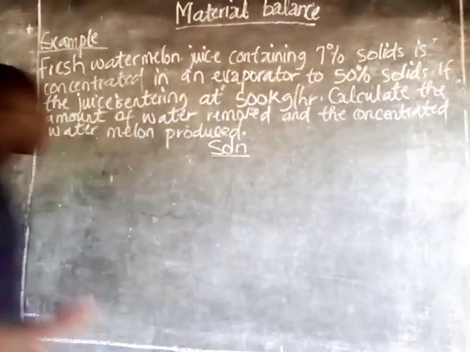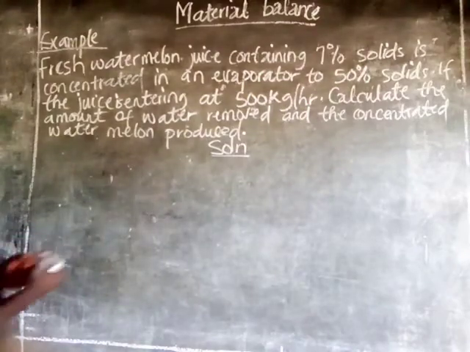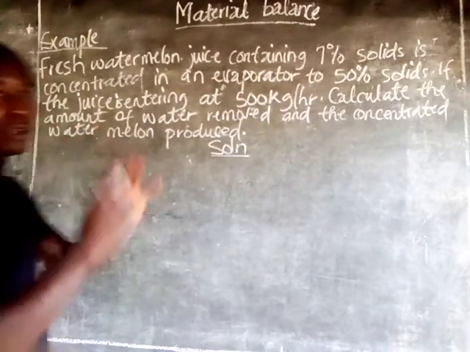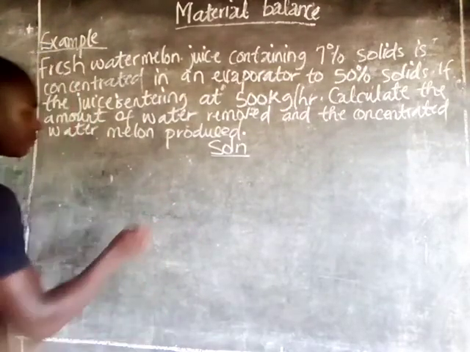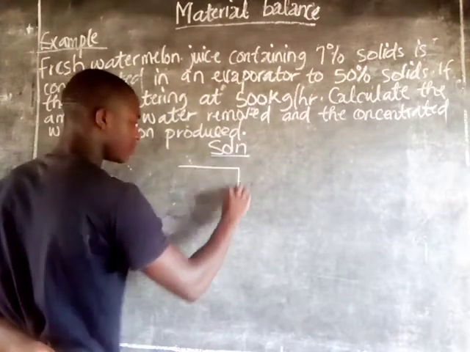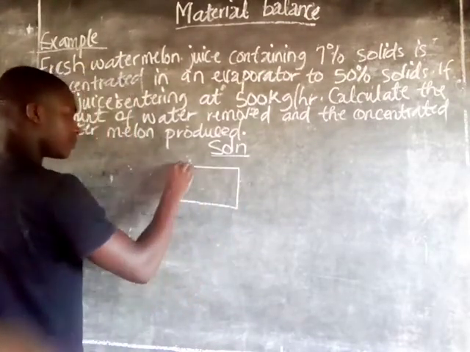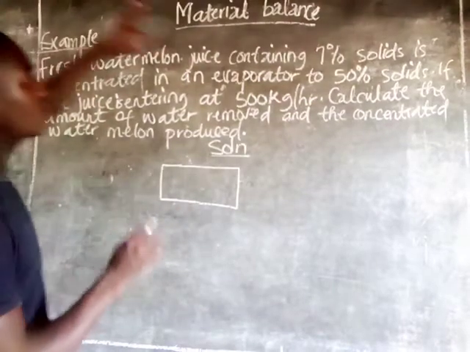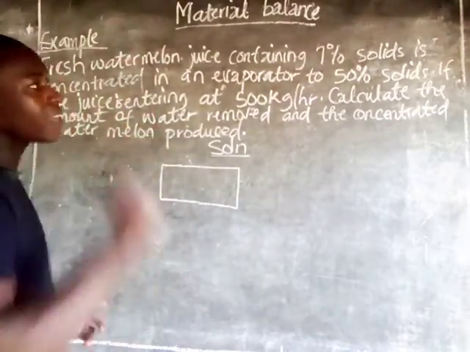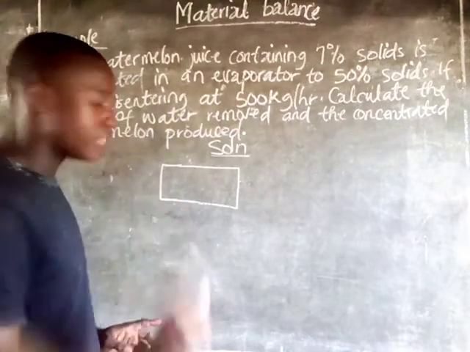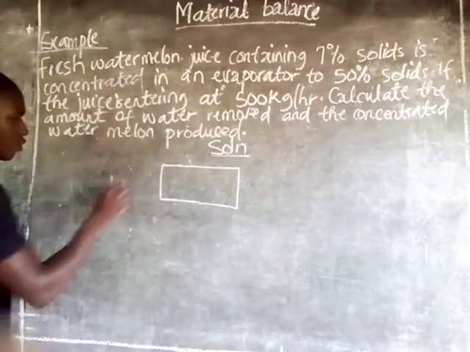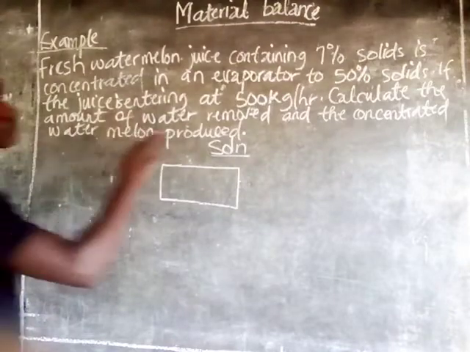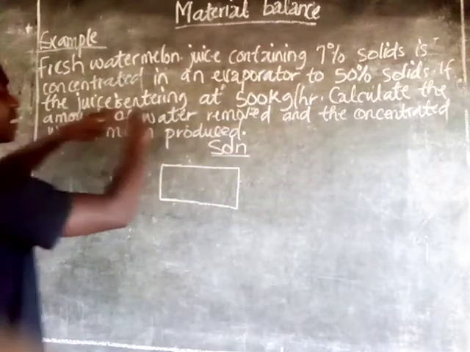So now the first thing is the solution. Now the question says fresh watermelon juice. So now in our system, the question says fresh watermelon juice containing 7% solid. So what entered if the juice is entering?